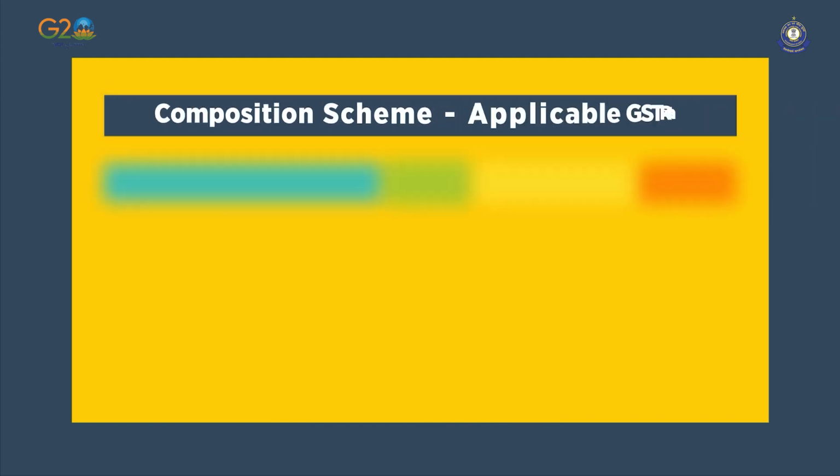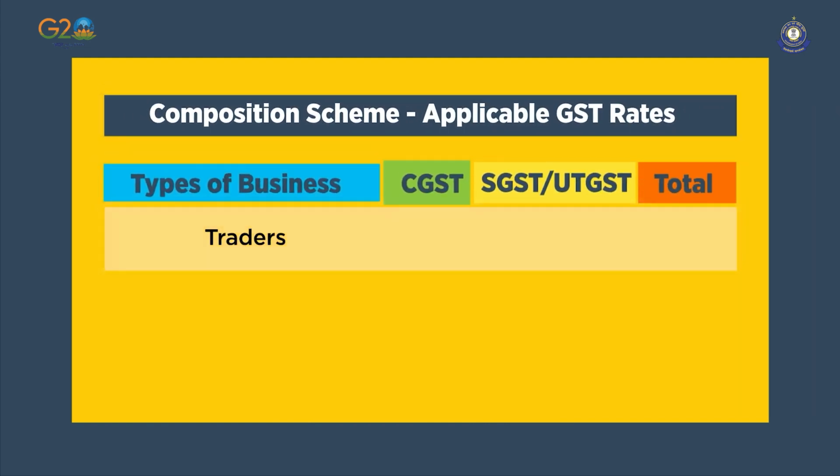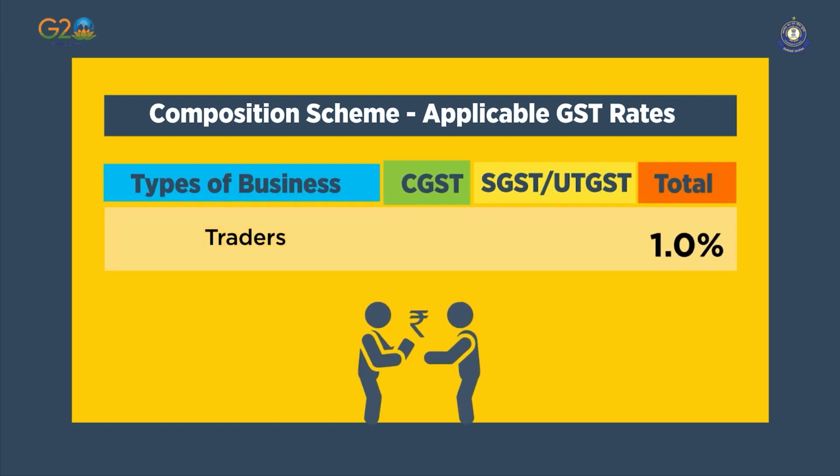For an eligible supplier, that is, traders, tax at rate 1%, 0.5% CGST and 0.5% SGST or UTGST of annual aggregate turnover is payable.